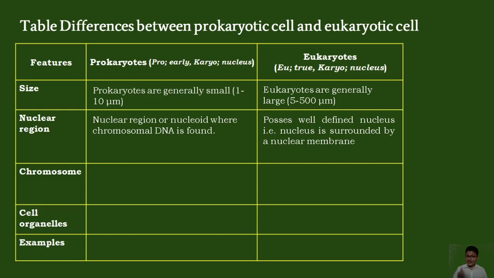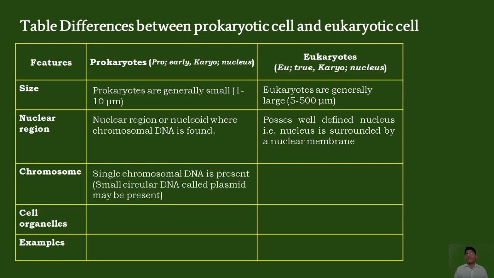When the cell is about to undergo cell division, then chromosomes are observed. We also have a dark region called nucleolus. Anyhow, the nucleus in eukaryotes is nuclear membrane bound, so well defined. But in prokaryotes, the nucleus is not well defined. Chromosomes are present within a region called nucleoid, and that is not so well defined.